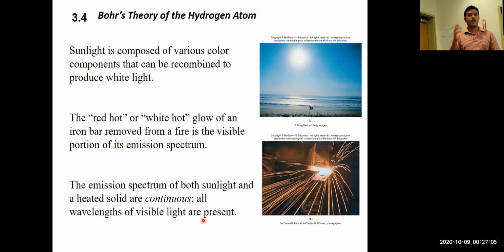That's why I'm not comfortable saying it is continuous. It is continuous in the sense that the radiation comes out all at once, but still is released in quanta of energy. Because here, all wavelengths of visible light are present in the white light or red hot glow, and you just need to know how to read it, right?